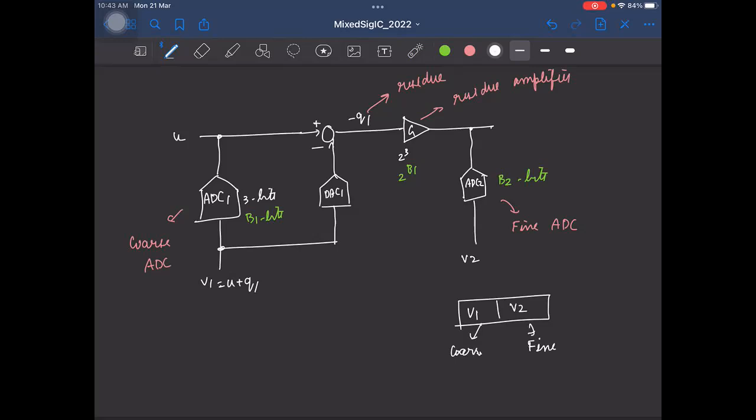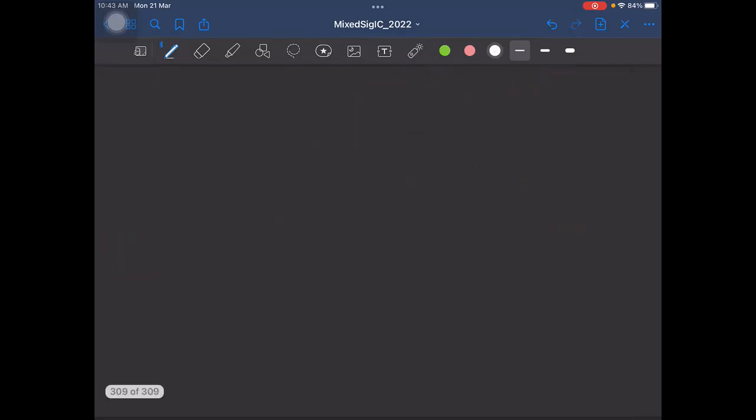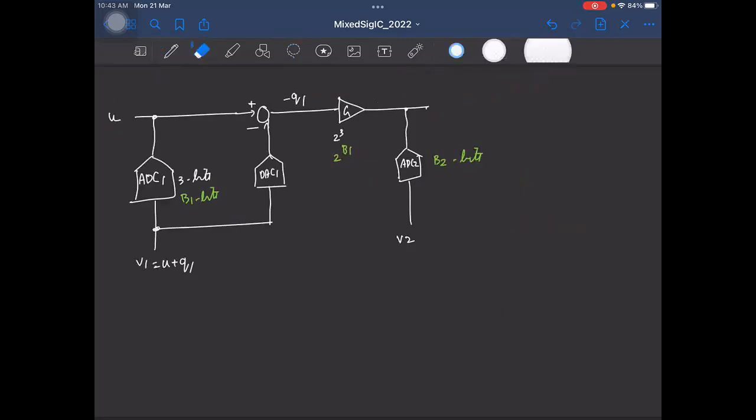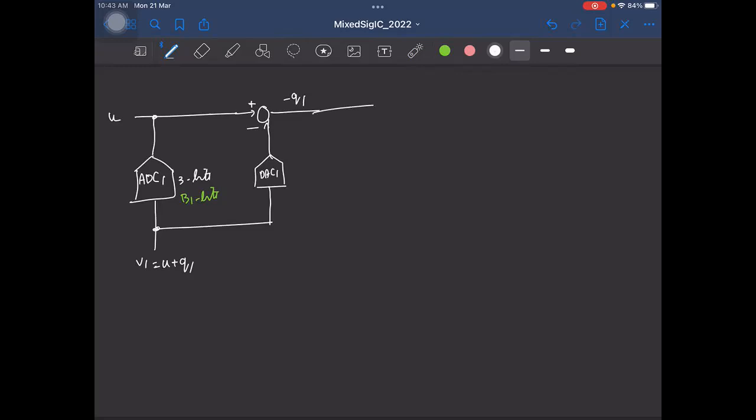So as I mentioned, this is called the two-step ADC or two-step conversion. And of course, you don't have to stop at 2 steps. You can increase the number of steps. So let's just do a 3-step ADC. It's the same thing. Instead of having a normal ADC here, I'll have a 2-step ADC.